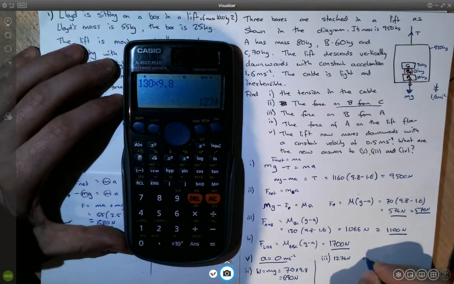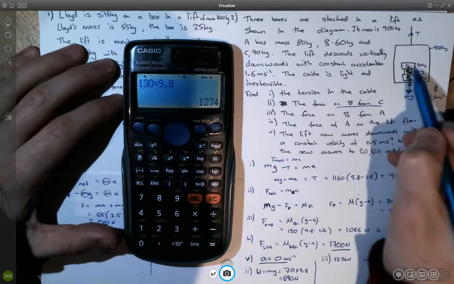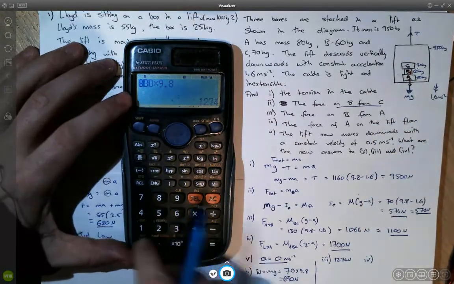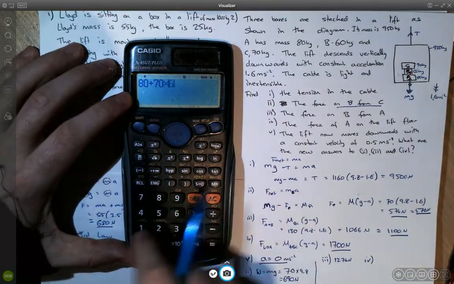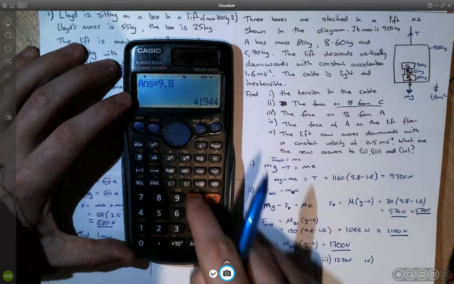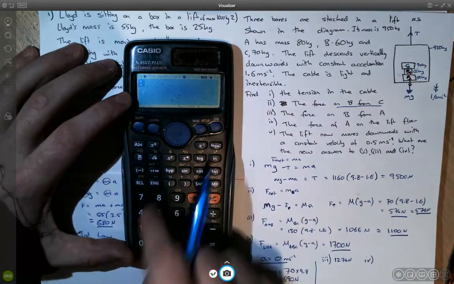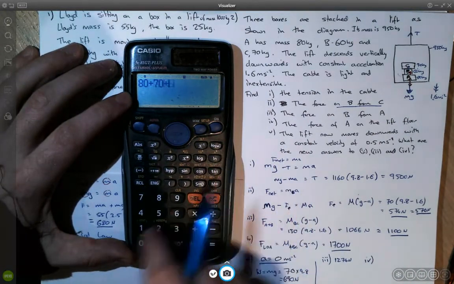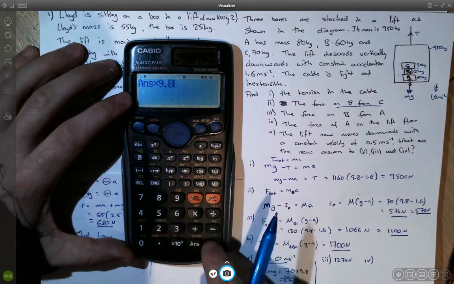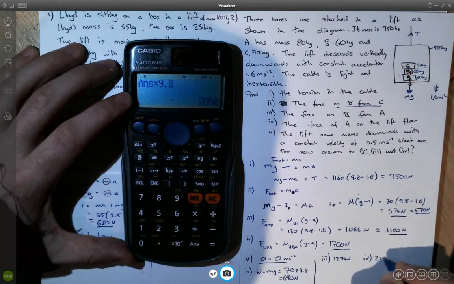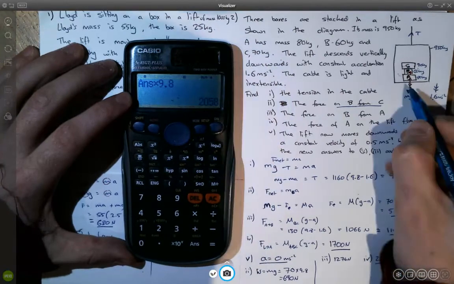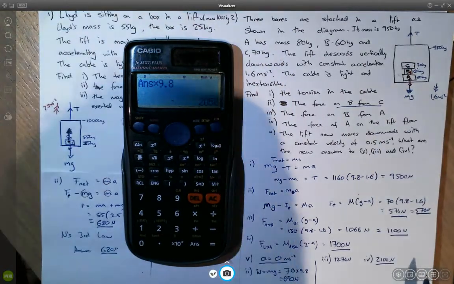And in part 4, A on the lift floor, well, it will be the weight of all three of these. So 80 plus 70 plus 60 times 9.8, which is 2,100 newtons. That's the force down and the force up.